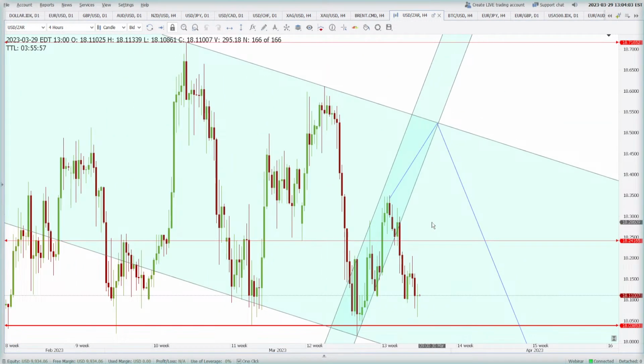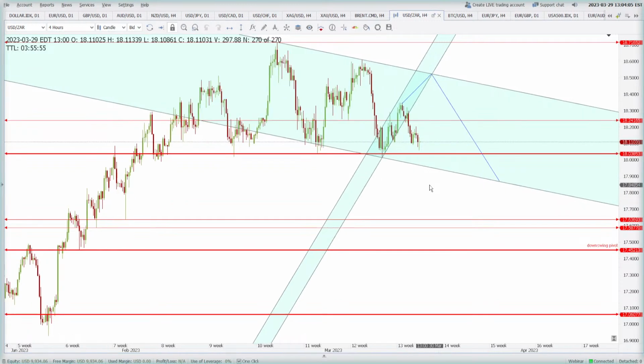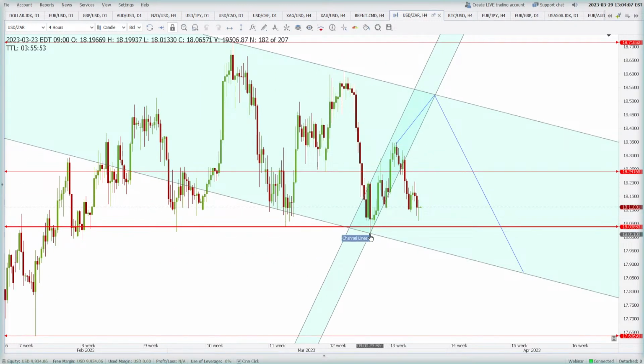Now after breaking from this rising channel, the price has broken, so expect this low to be tested. But to test this low the price has to go beyond 18.0385, which it has already done, and now the price has made a lower high. This lower high will be established when the price breaks through this low, which is at around 18.0133. Look at here when I say this, 18.0133 here.